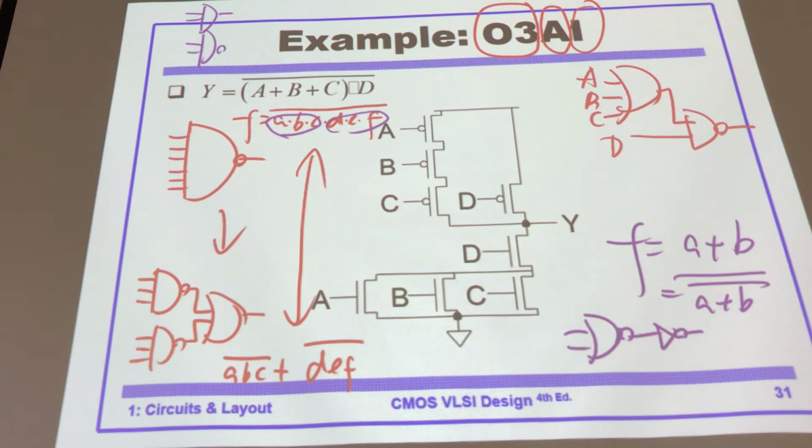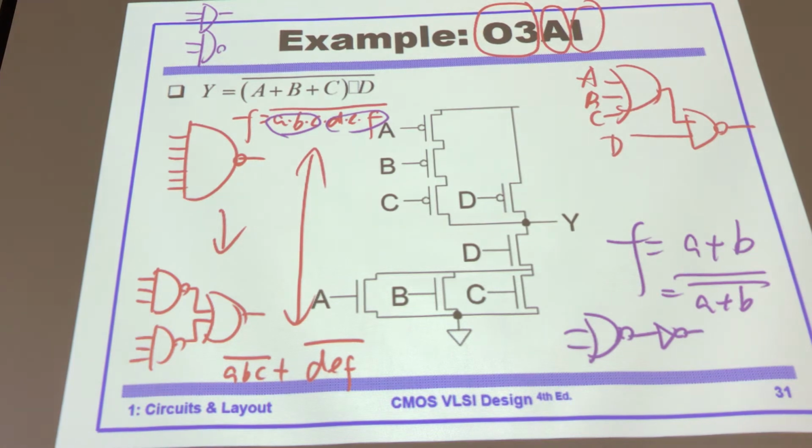But for the 2-input AND gate, it's got to be a 2-input NAND gate cascaded with the inverter. It's more complex, it's more circuit, it's more chip area in comparison. Okay, go on.